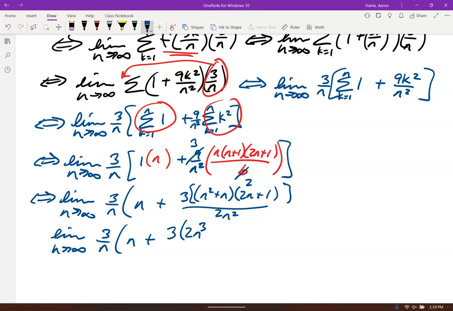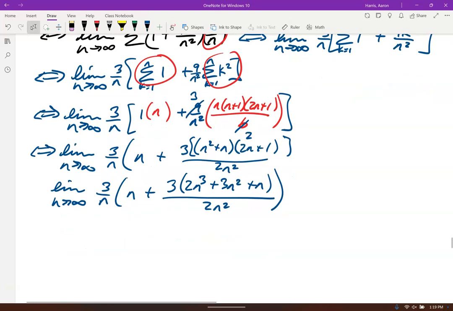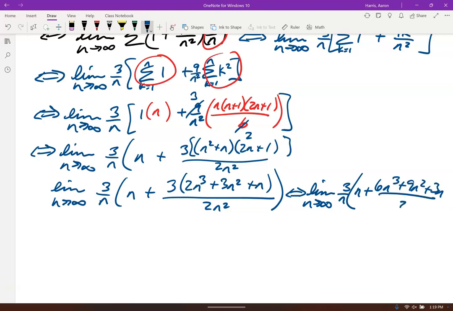Two n cubed plus 3n squared plus... Now let me take the 3 over n through to both of those.